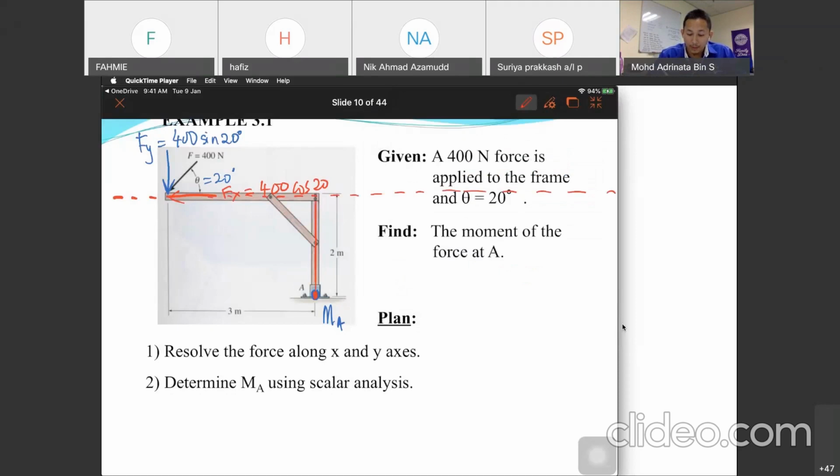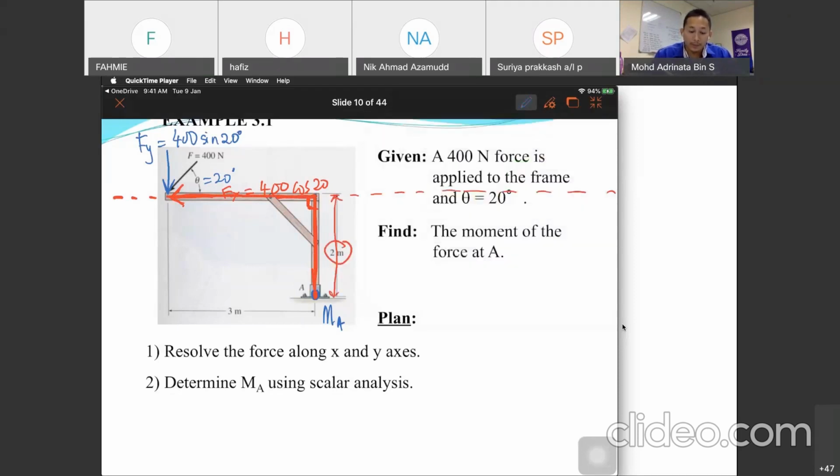It doesn't matter whether it goes left or right, but you need to use this one, so that you can see the direction and the distance. So D is 2 meters.